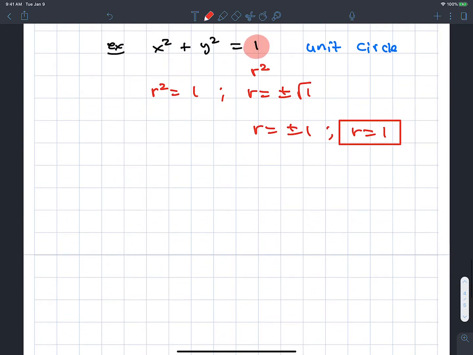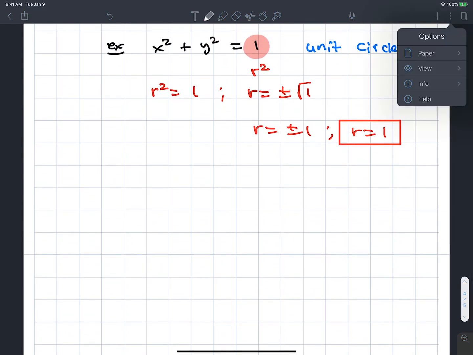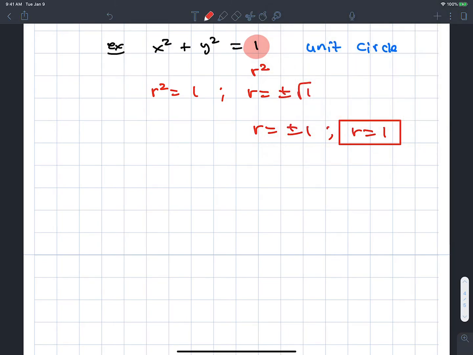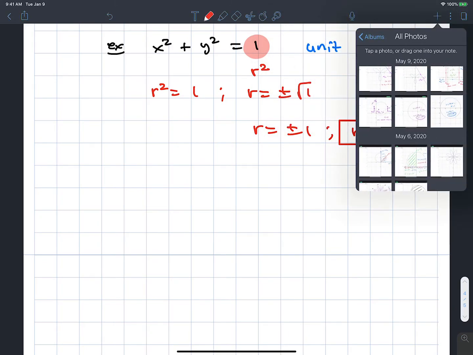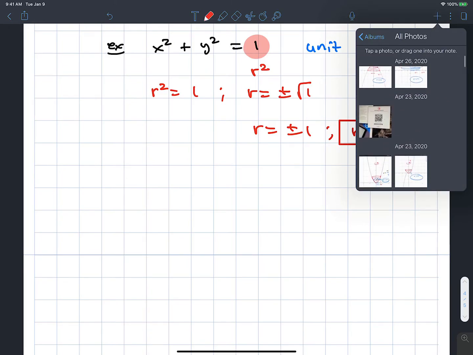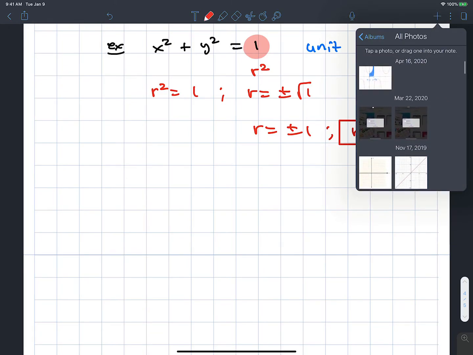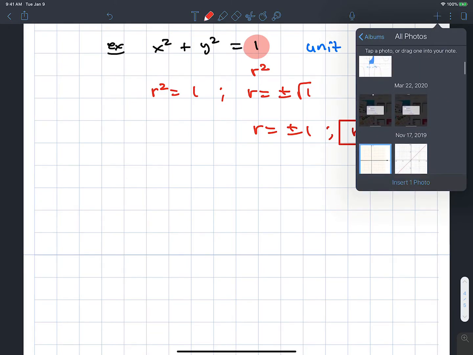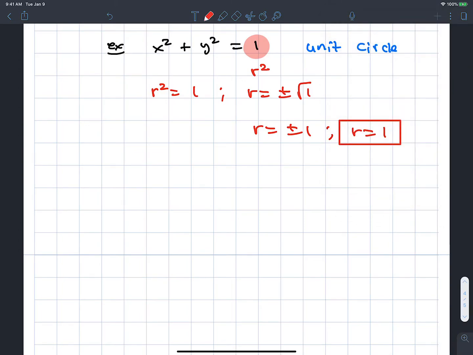So if we start to do this picture again, let's try that out. Let's put a photo. We're going to get our Cartesian coordinate system.